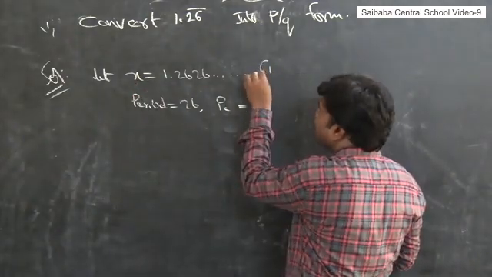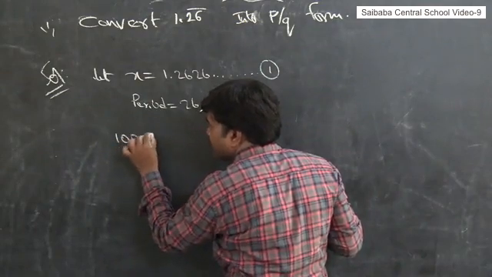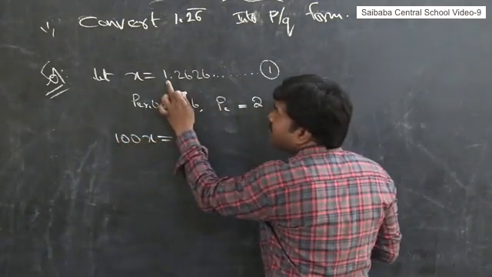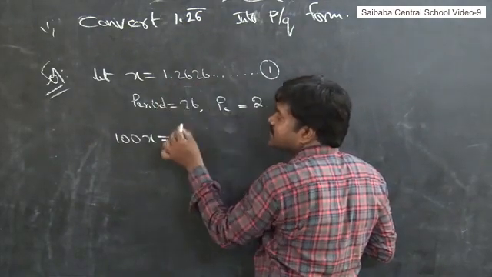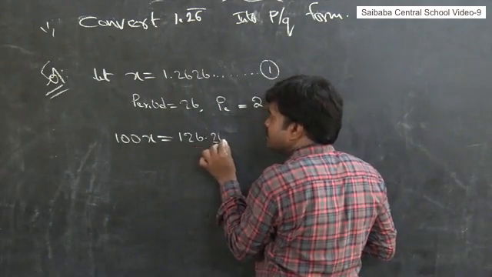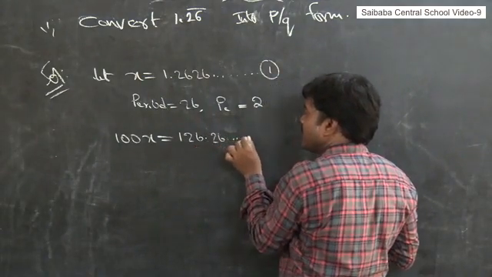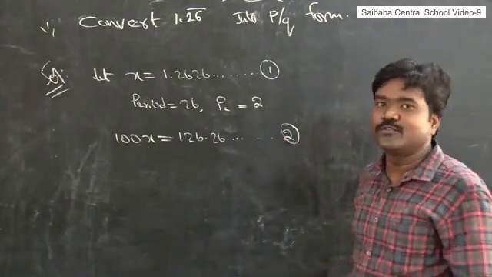First equation, multiplied by 100: 100x is equal to 100 into this one. In 100 how many zeros? 2 zeros. Then the point will jump two places, so 126.26 remaining as it is, and so on. This is the second.